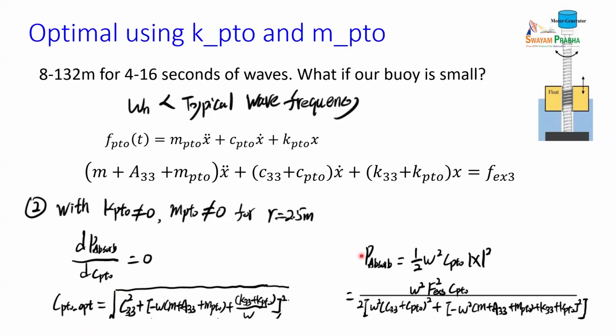Then you can write the average power output is similar. The only thing is the expression side, in addition to the PTO's damping term, you also have PTO's stiffness term, PTO's mass term, right? Now you can take advantage of these parameters, right, to get better performance.